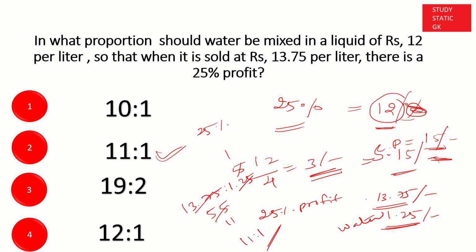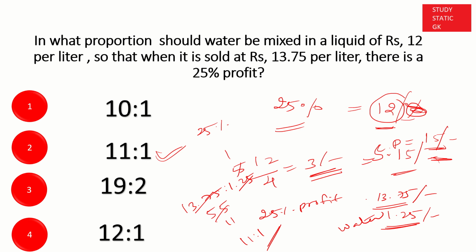Okay, you got the concept here. His cost price is 12 rupees of a liquid and he is making a profit of 25%. 25% means he is selling at 15 rupees because 25% of 12 is 3 rupees. So he has to sell at 15 rupees in order to get the 25% profit on that liquid.